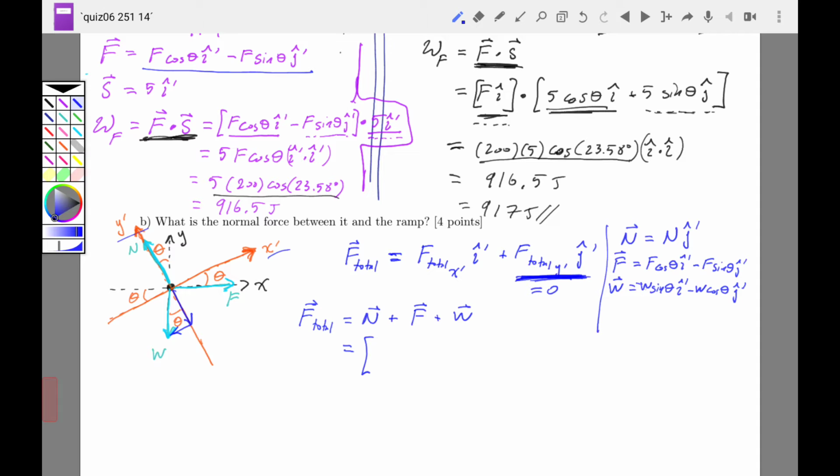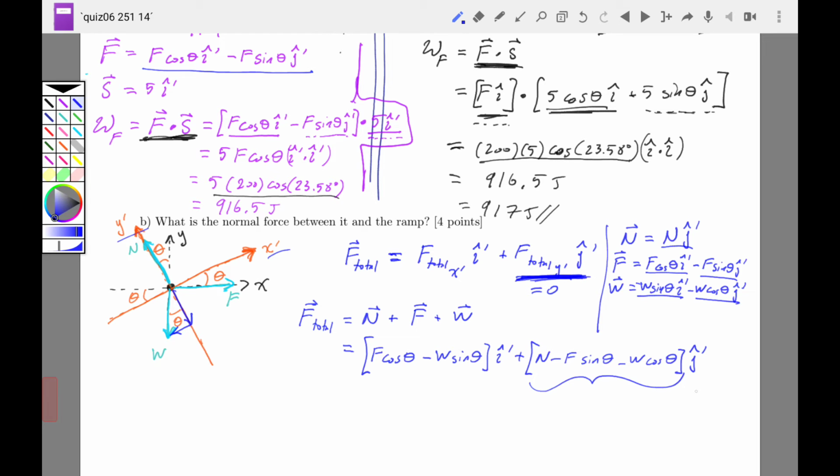It's really cramped over here, so sorry about that. So first the x components, we have F cosine theta minus W sine theta i hat prime. Then we'll add the y components, so that's a positive N, minus F sine theta minus W cosine theta, all with j hat primes.